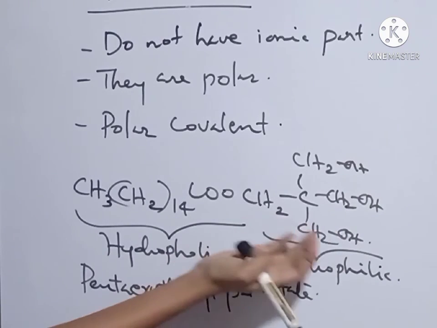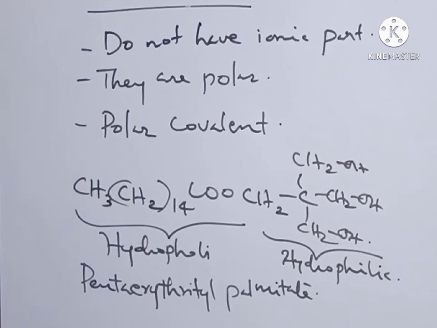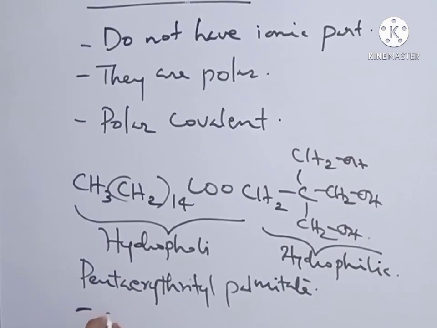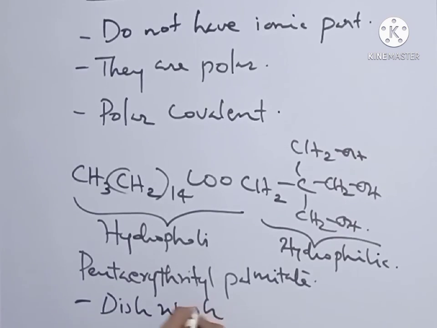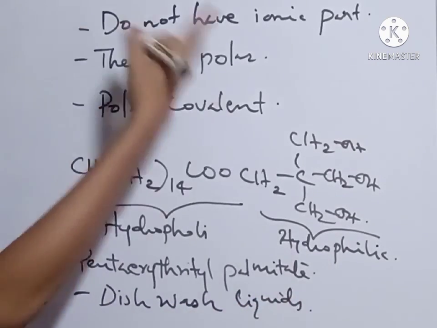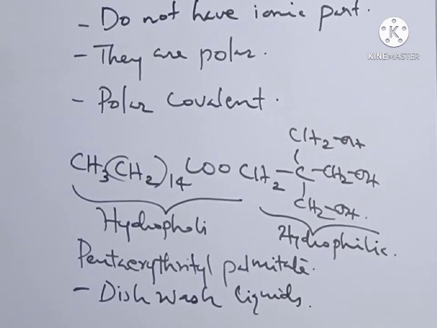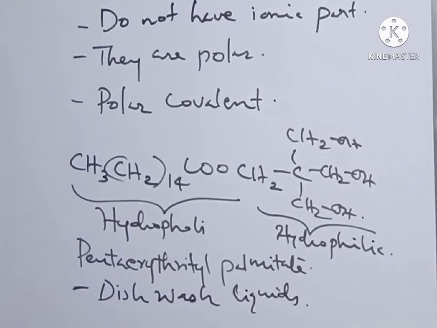So this part is soluble in water, and we can use this non-ionic detergent for cleaning purposes. For example, dishwash liquids come under the non-ionic detergent category. So these are all about the surface active agents.